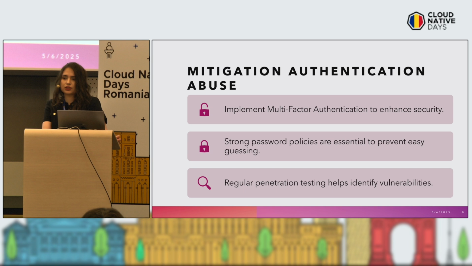Strong password policies, like password complexity, history check, and password expiration, would be some policies, and regular pen testing, by simulating a real-world attack, could uncover vulnerabilities that might have been unnoticed before.